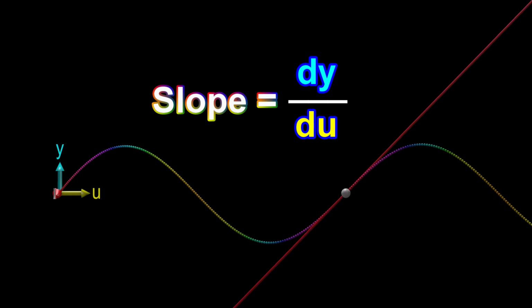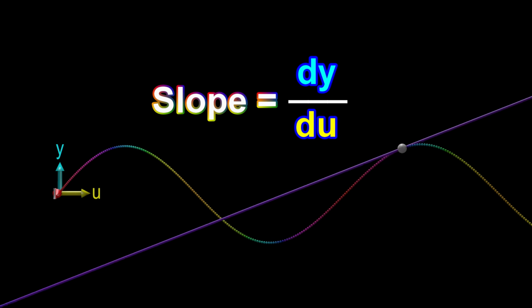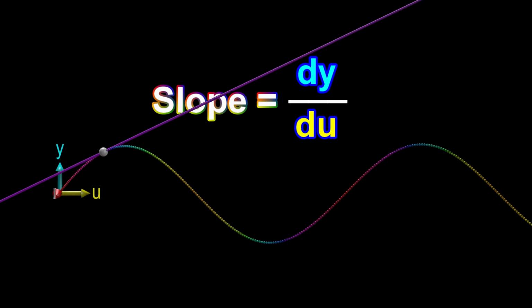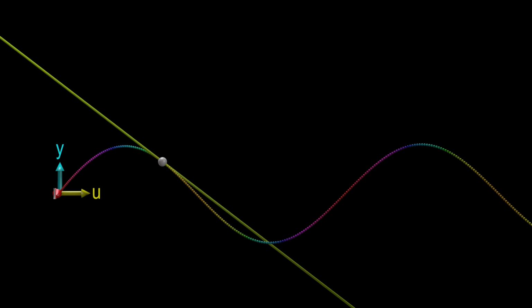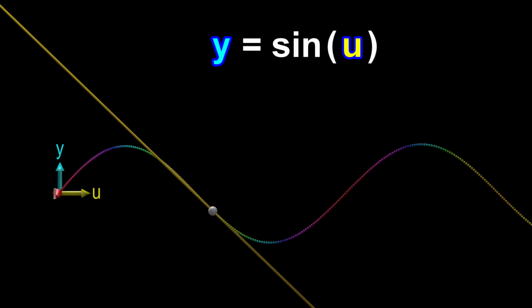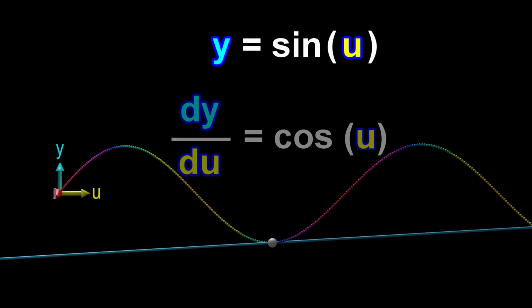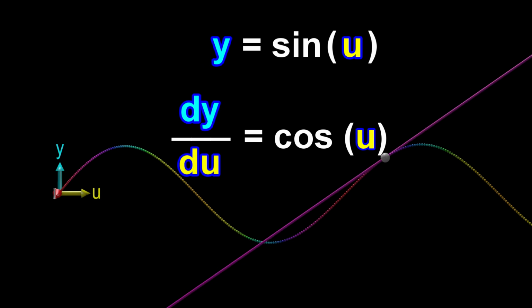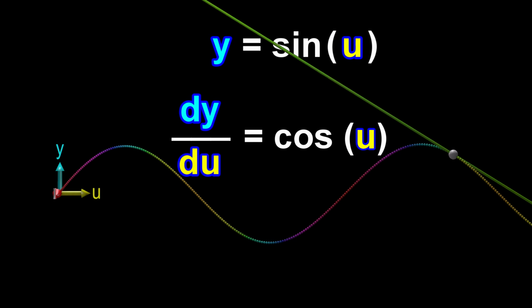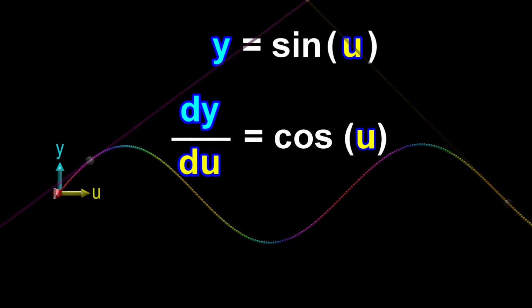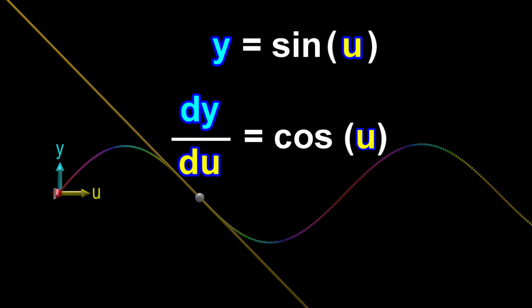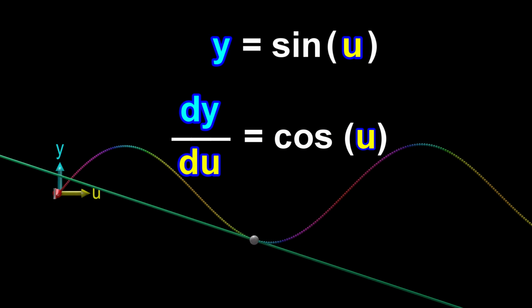That is, the slope at each point is the small incremental change in y when u is increased by one small incremental unit. The slope at each point is given by the following equation. This equation indicates that as u increases, the slope keeps oscillating. This corresponds to what we see in the animation.